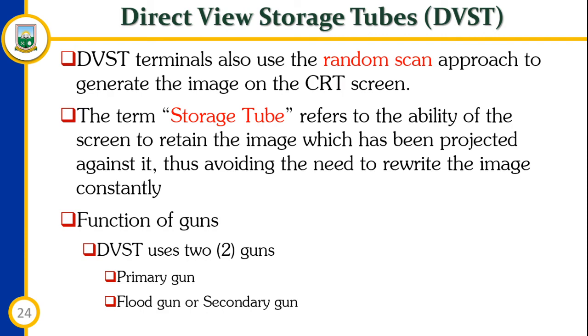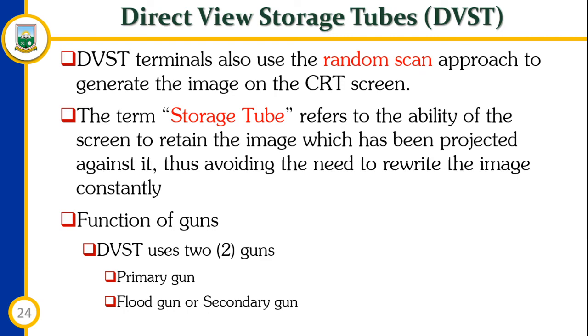Now the next display is the direct view storage tube, which is the DVST. As you can see here, the DVST terminals also use the random scan approach to generate images on the CRT screen. As the term says, it says storage tube. So it refers to the ability of the screen to retain the image which has been projected against it.